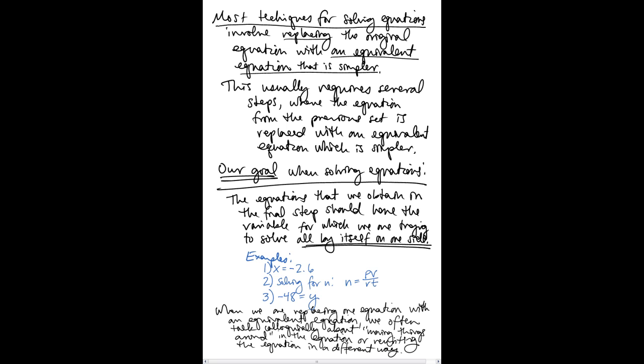Technically, when we talk about moving things around in an equation, or rewriting an equation, what we really mean is that we're taking the original equation and replacing it with an equivalent equation. But because it's easier to talk about it, we'll often use these terms. We'll often say that we're moving something around.